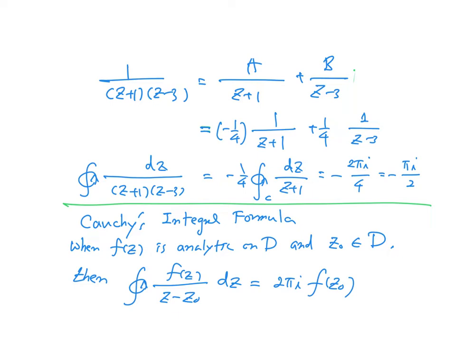The integral theorem says when f(z) is analytic, then the closed integral of f(z) dz is equal to 0. And if you divide by z minus z naught, then it becomes 2 pi i times f(z naught).